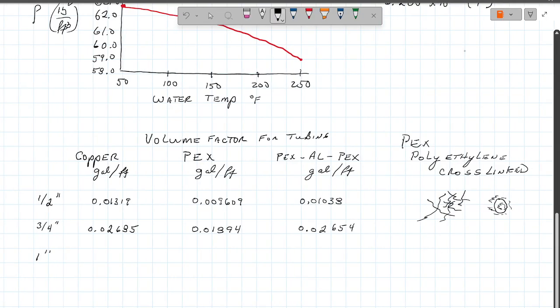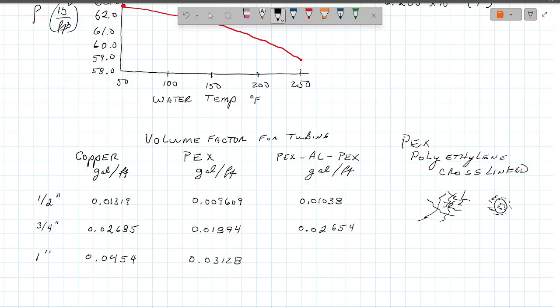1 inch, we're looking at 0.0454. 1 inch PEX is 0.03128. Does not look like an 8. That's an 8.